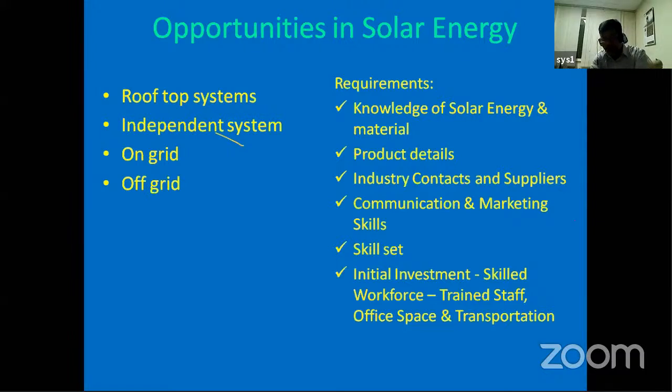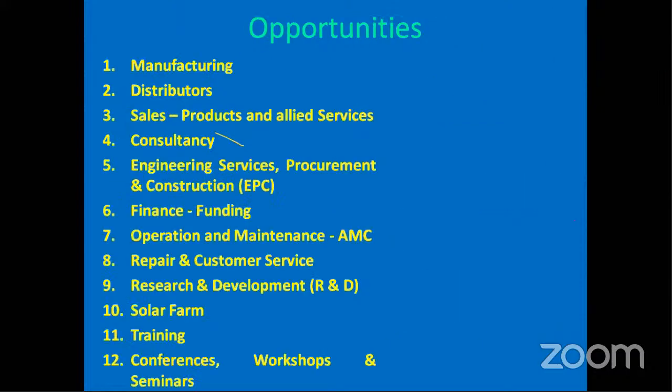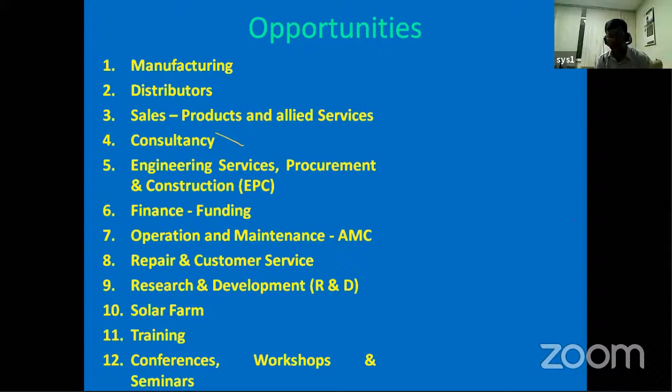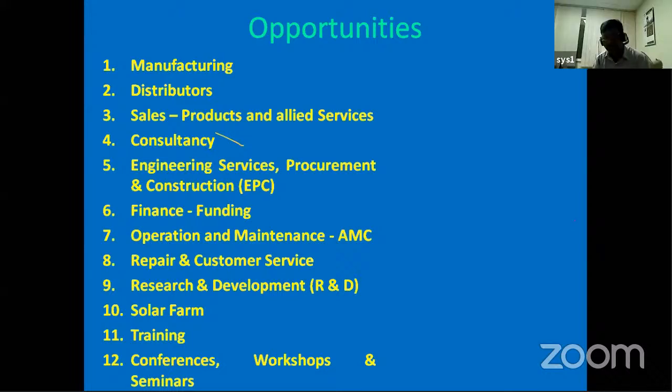I have just given four, but you can see the next list: opportunities in manufacturing of solar panels. The first one is a manufacturing plant. If you want to start a plant, I told you already, our competitors are nearby to compete with, and they're already giving low cost in the field.